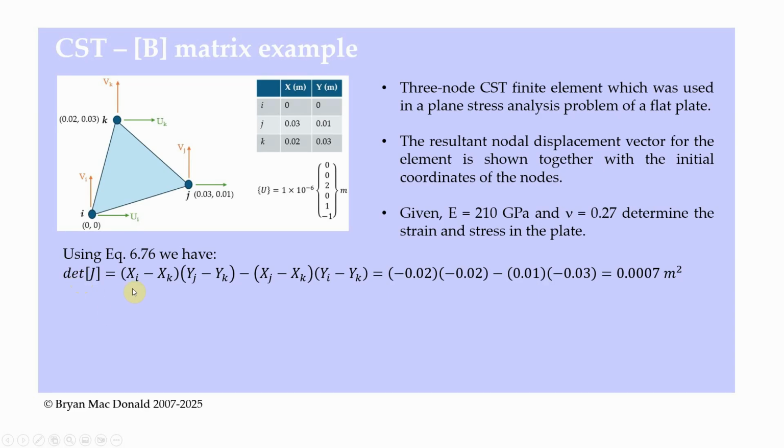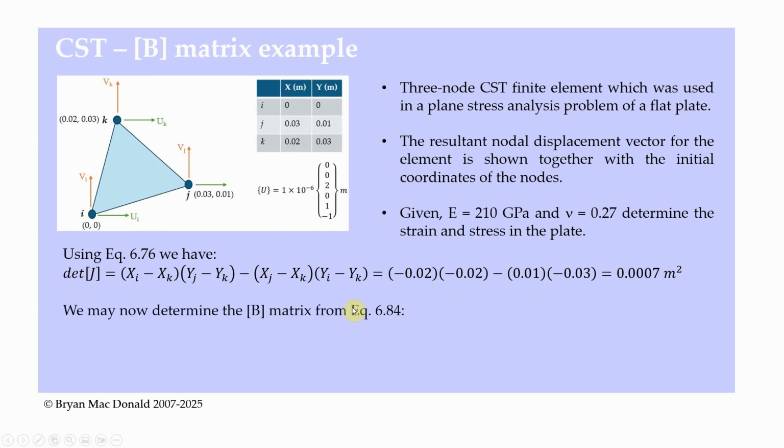We put in all our values there, so xi minus xk is going to be 0 minus 0.02, which is what we get there. Again, yj minus yk similarly is going to be that. So again, we can work our way through all of this, and we work out that the determinant of our Jacobian is 0.0007 meters squared.